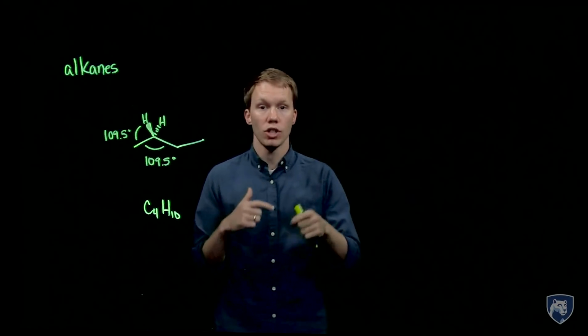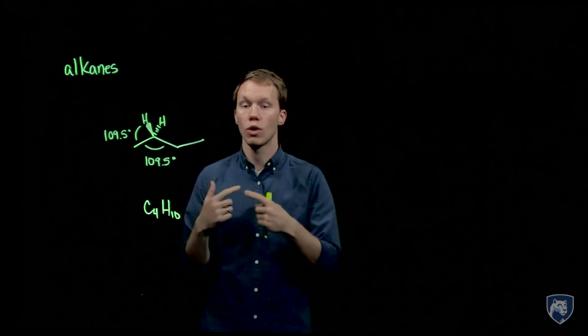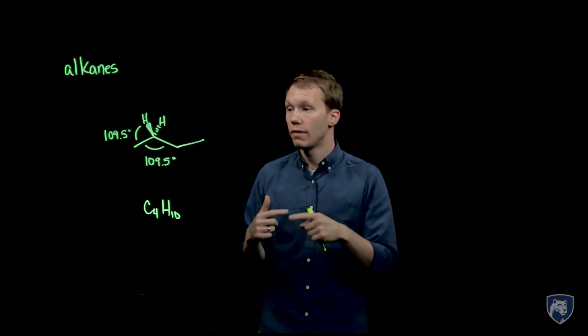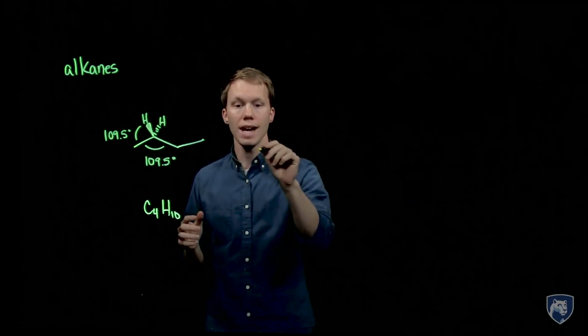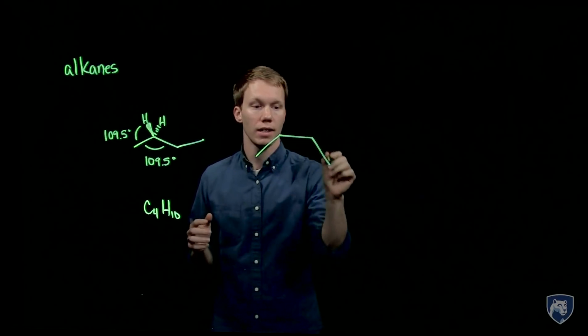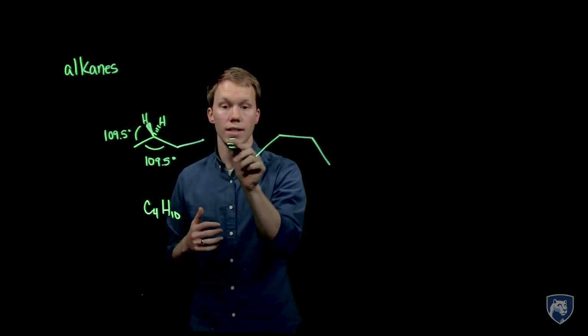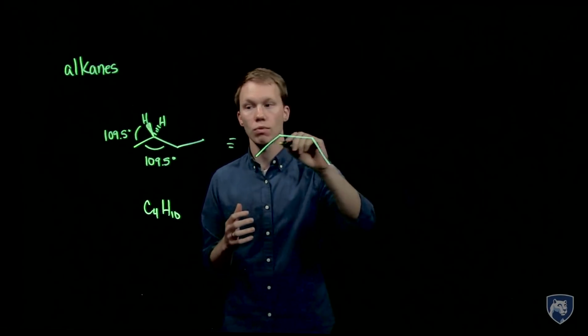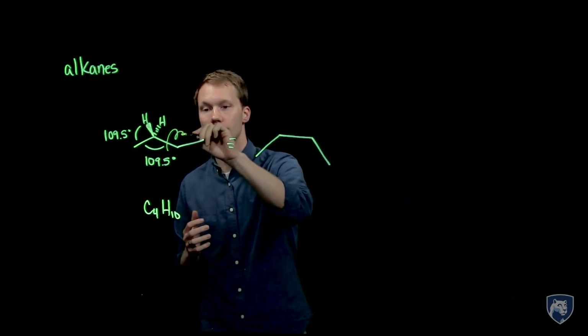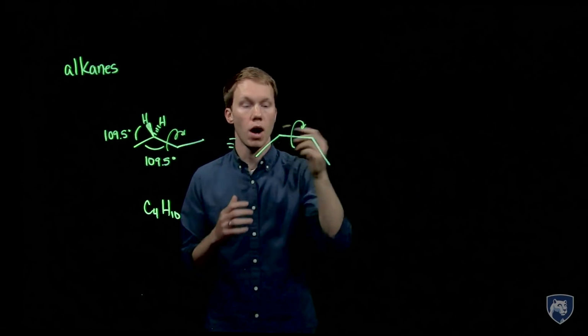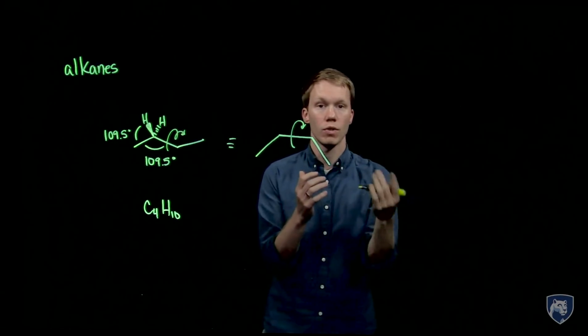There is free rotation about all single bonds. So if you were to, say, twist this around and get something like this, then that would be identical. It's a different conformation. We have just rotated about this central bond there, and all of the bonds have rotations.